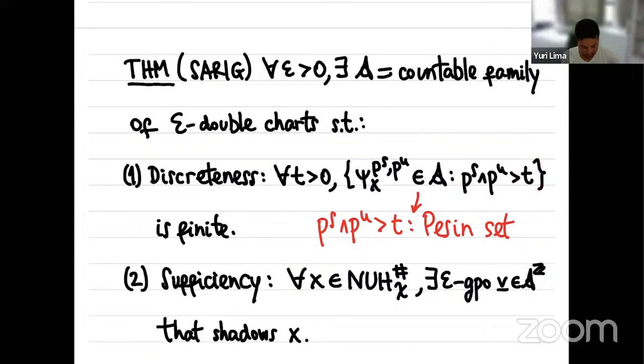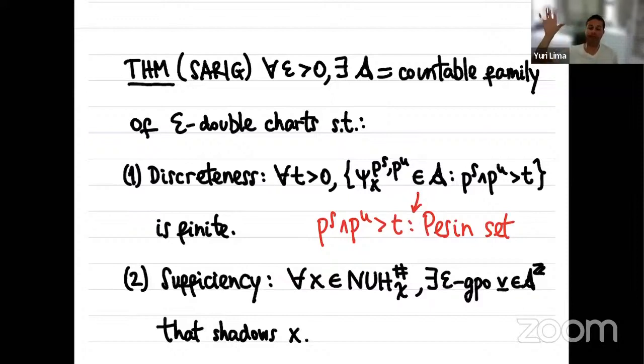So recall that if you fix a parameter t, having these two PS and PU bigger than t is associated to passing sets. So in some sense, this discreteness property is telling us that to cover passing sets, we need only finitely many double charts.